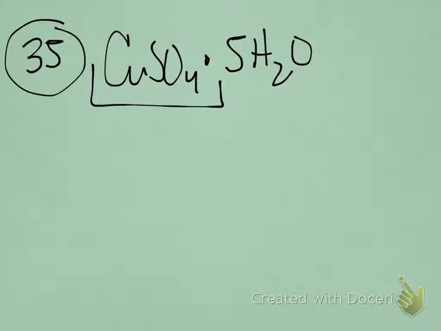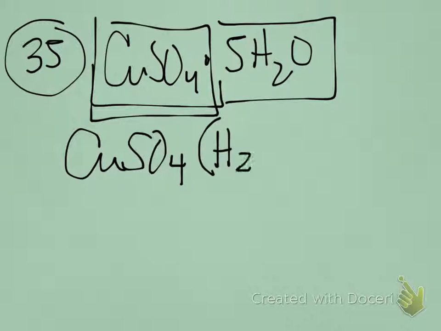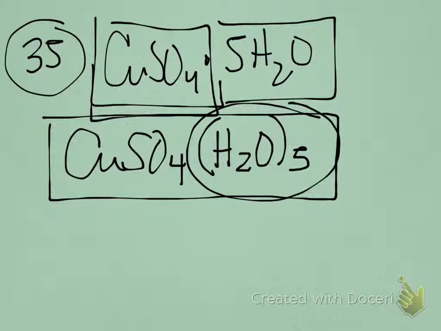So for every 1 unit of CuSO4, you end up with 5 molecules of water absorbed onto it. So it doesn't form a compound, that's why it's shown like this. But if you're thinking about percent by mass water, you can figure out the mass of this whole thing, and then what percentage of that is water. Okay?